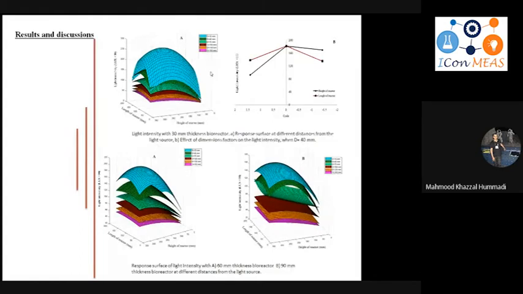The data show a marked variation in the values of the light intensity in all parts of the bioreactor, at different distances, I mean the values 10, 40, 70, 100, 130, 160 millimeters from the source. The highest intensity of the light was recorded at the center.